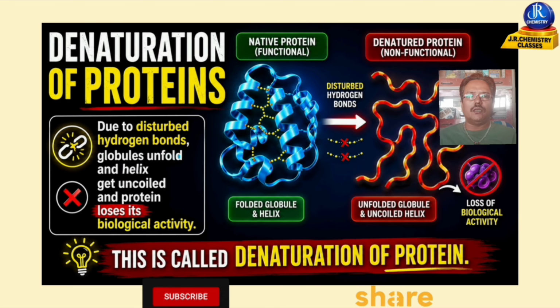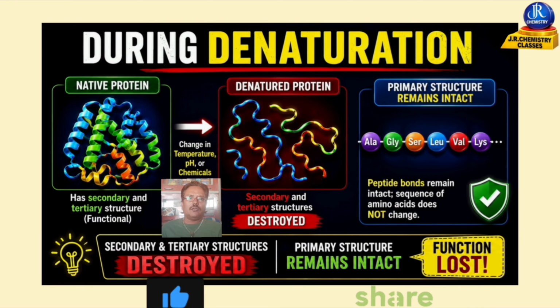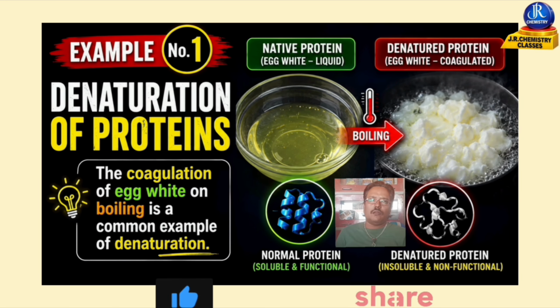This is called denaturation of protein. During denaturation, secondary and tertiary structures are destroyed, but primary structure remains intact. The coagulation of egg white on boiling is a common example of denaturation.